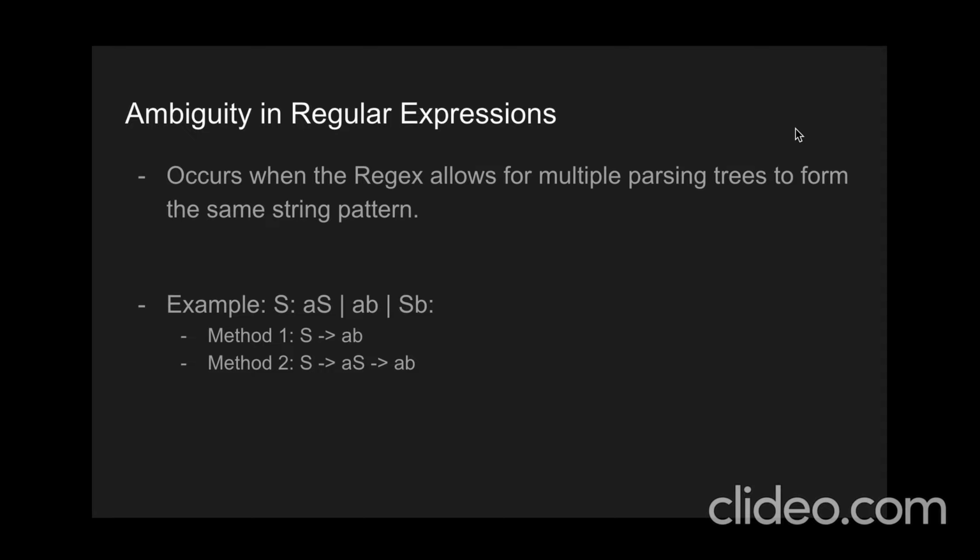In one of the methods, S gives AB directly, and in this other method, S first gives AS and AS gives AB by the third transition. As you can see, both of them lead to the same exact string. However, they both use two different parsing trees. This indicates that the regular expression is ambiguous.